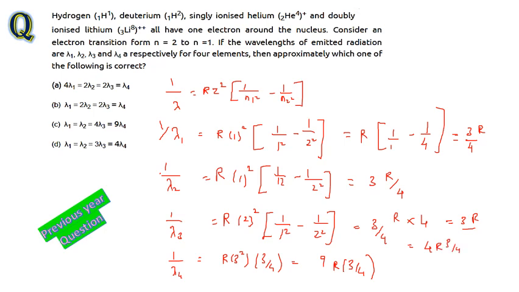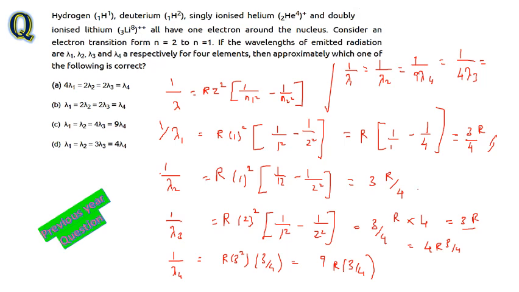Now in all the cases I just mentioned the answer over here. So 1 by lambda 1, and here is 1 by lambda 2, that one will be equal to, here is lambda 3, 1 by 9 lambda 4, that one will be equal to 1 by lambda 3, here is 4 lambda 3. In all the cases, what is common here is 3 by 4r.